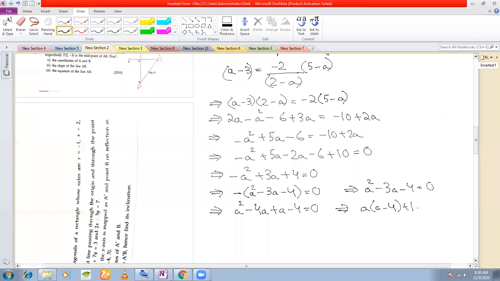Take a minus 4 common: a minus 4 into a plus 1 is equal to 0. That means either a is equal to 4 or a is equal to minus 1. So for these two values of a, the 3 points will be collinear. Both values are acceptable.